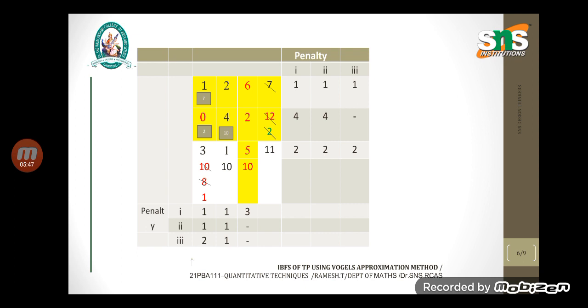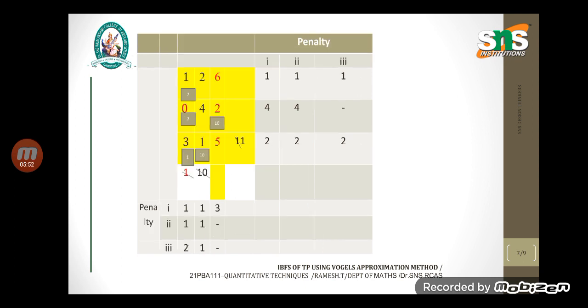Similarly for the column penalties: in the first column it is 1, 3, so 2. In the second column 1, 2 is 1. The third column is already blocked.